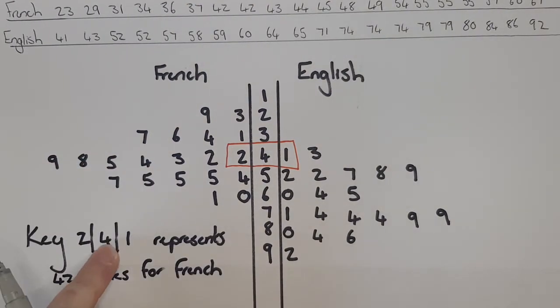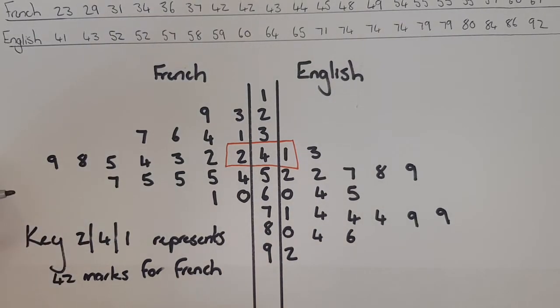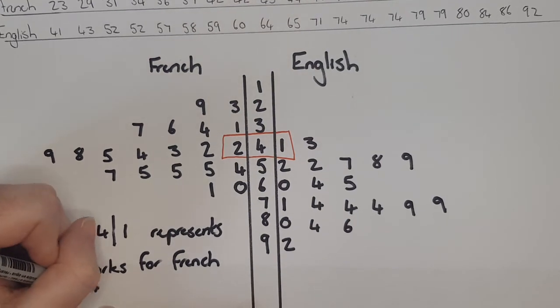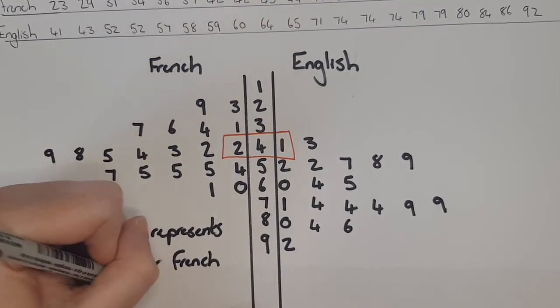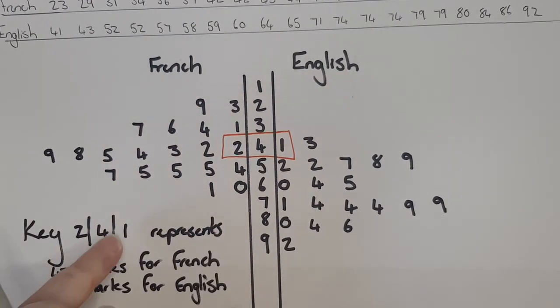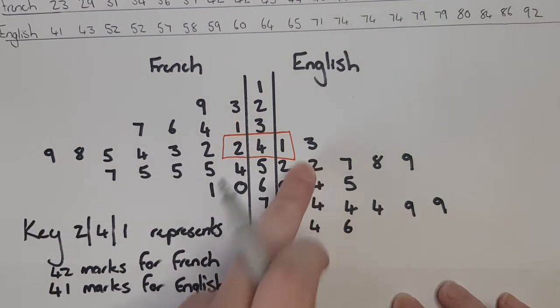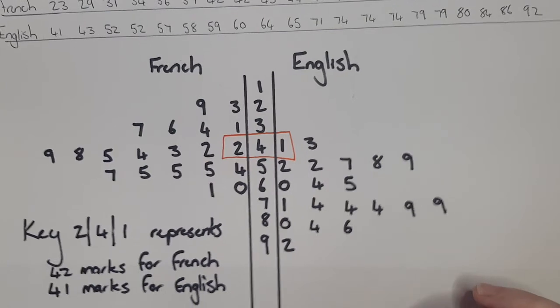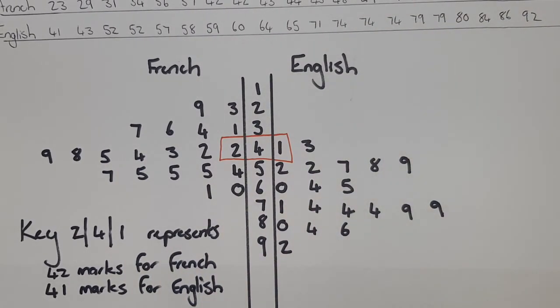Okay, because I'm reading it backwards, I'm going 42 marks for French and 41 marks for English. So because now I'm reading that side forwards. So we write it in exactly the same order and we show which one is being read backwards and which one is being read forwards.